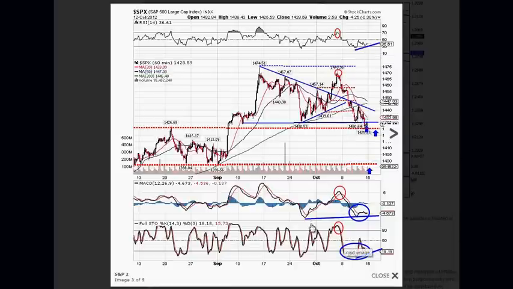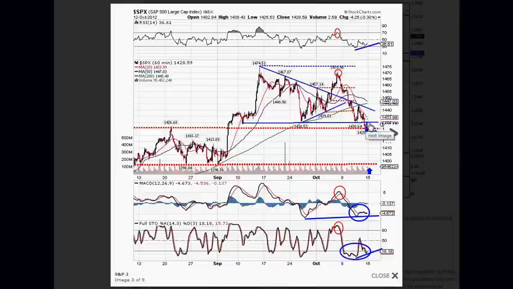The same thing happened with MACD. So we have a lower low here, we have a higher low here, and obviously stochastics as well, a higher low here. So these three indicators are basically pointing to a possible positive divergence.